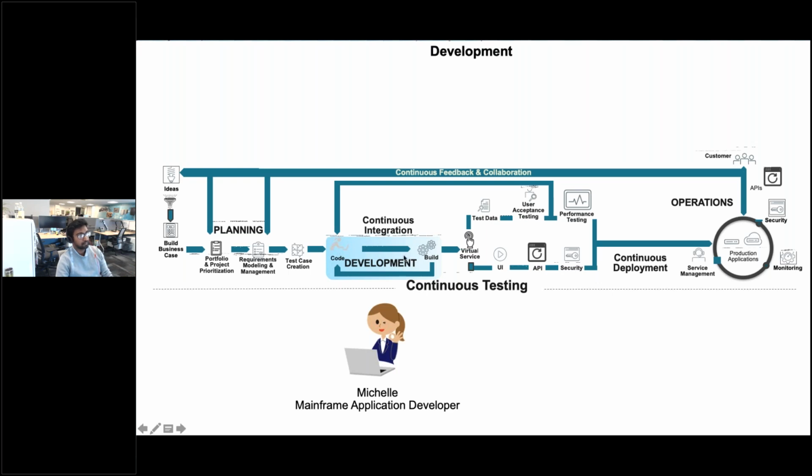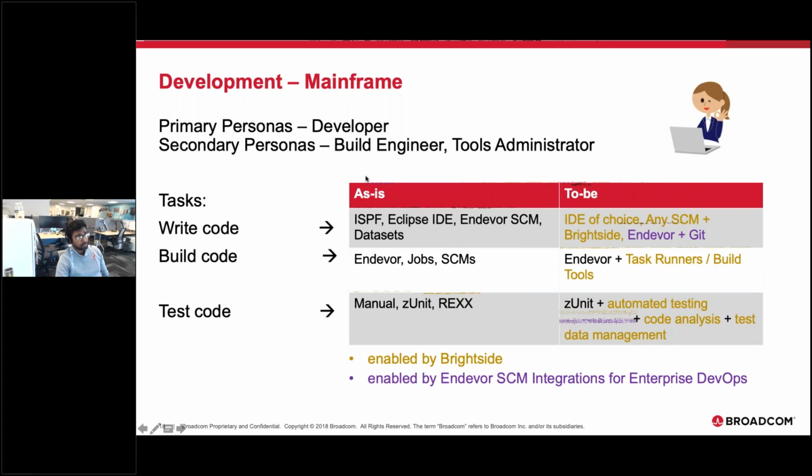Development sits right before and is part of the continuous integration cycle, and Michelle, our mainframe developer, is really key there. But it's not just your developers, right? You have secondary personas. Our build engineer, who we talked about, who's building continuous integration, maybe our tools administrators, who are maintaining things like GitHub or Endeavor on the mainframe and such.